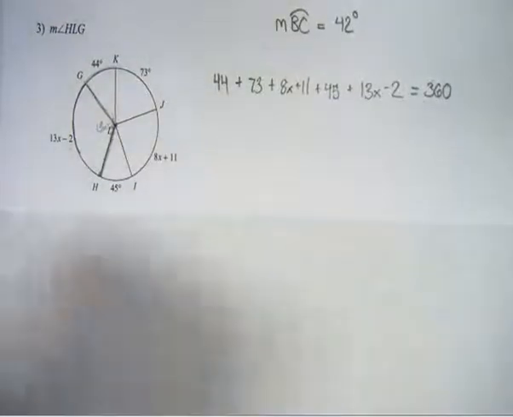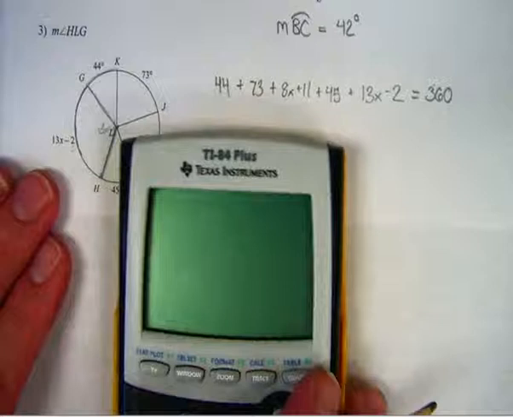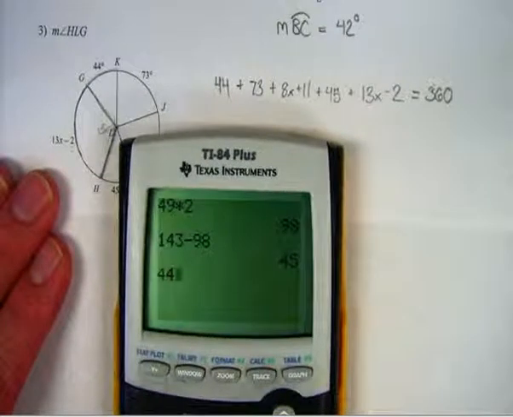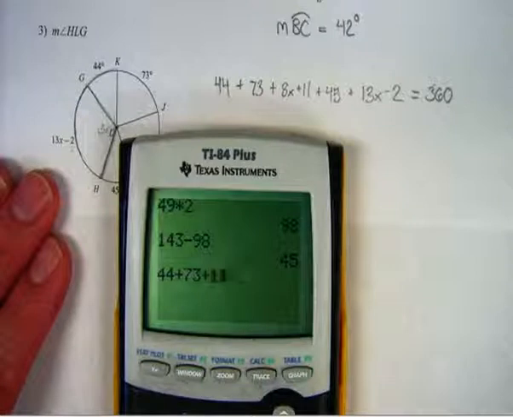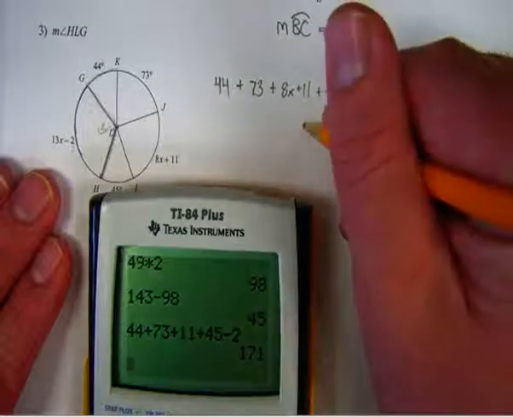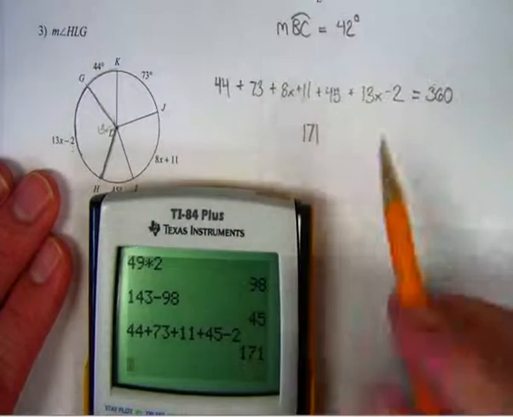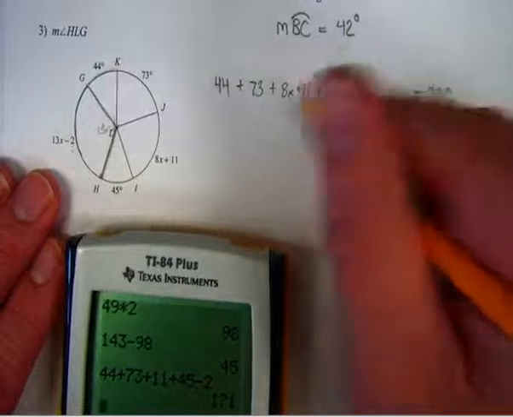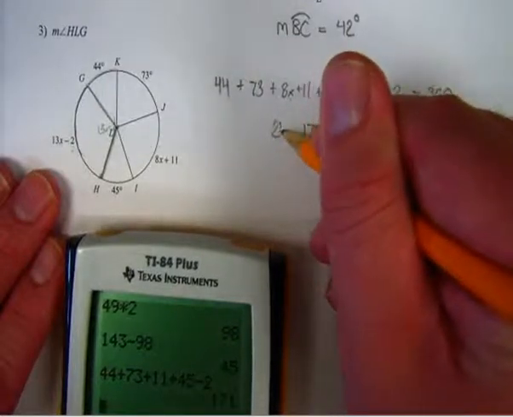So now all I have to do is take care of all this algebra. So let's do the numbers first. 44 plus 73 plus 11 plus 45 minus 2 is going to be 171. Now I'm going to add my x's together. 8x plus 13x would be 21x.